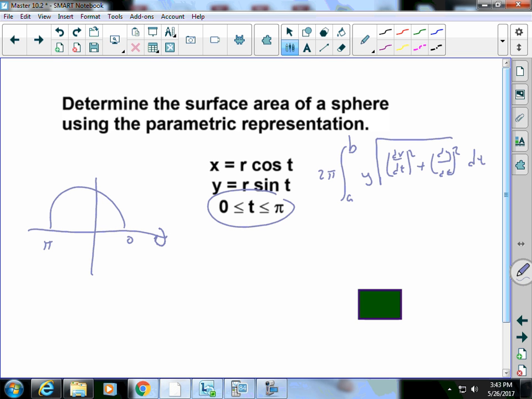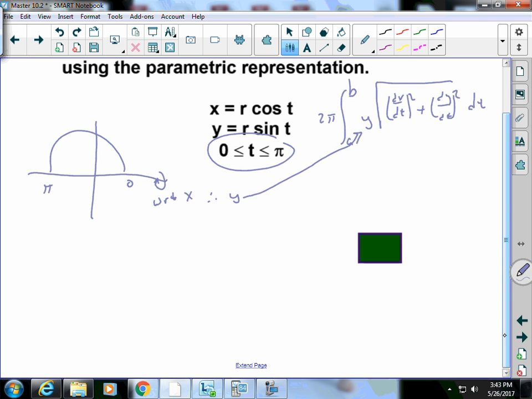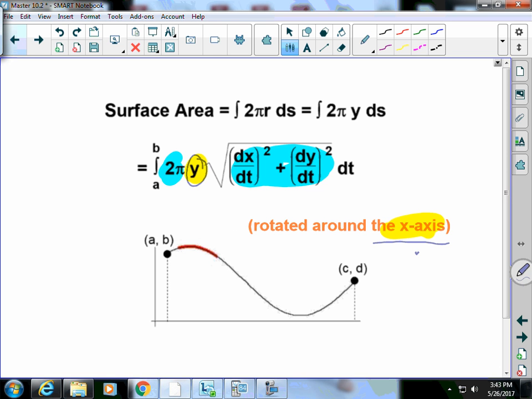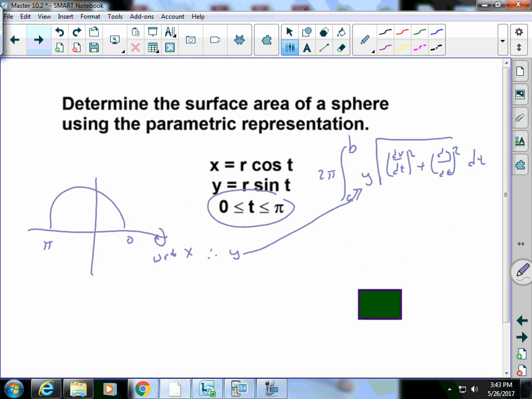That means I'm going around the x-axis, therefore y is what I need. That's how I know what I'm using: 2 pi with respect to x, use a y. So I'm going to 2 pi, from 0 to pi, of y.